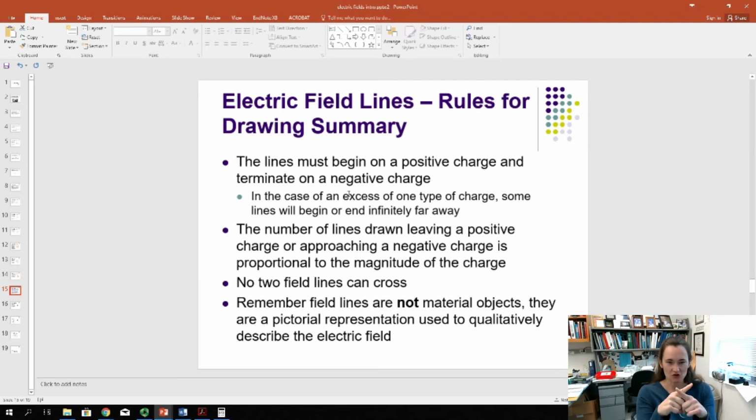If you had crossing lines, that would indicate that the charge didn't know which way to go, and that's not the case. Remember that field lines are a pictorial representation used to qualitatively describe the electric field. They're not real things that you can touch. However, they do represent a very real concept, the electric field, which was thought of a long time ago by Faraday.